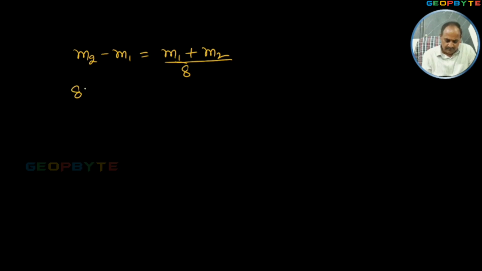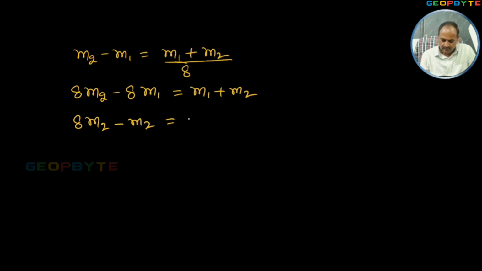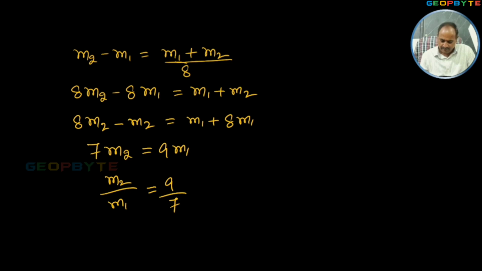This can also be written as 8m2 minus 8m1 equals m1 plus m2, or 8m2 minus m2 equals m1 plus 8m1, or 7m2 equals 9m1. m2 by m1 is asked, that is 9 by 7.